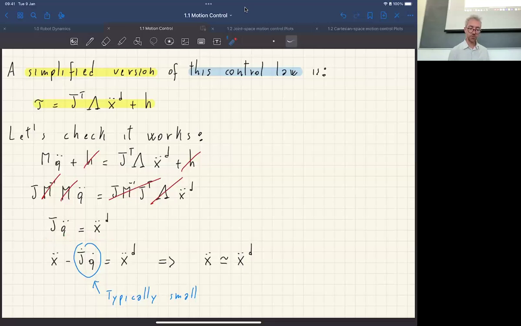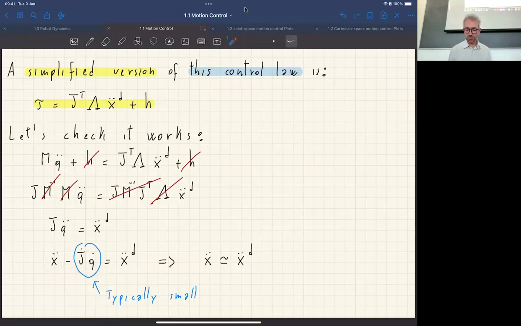Here I have to exploit the relationship we derived before between joint space and Cartesian space accelerations. J q double dot, if you remember, was equal to x double dot minus J dot q dot.